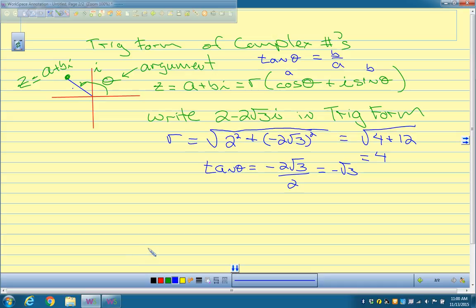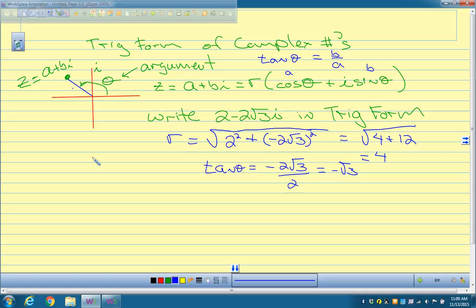Anyone remember where tangent is negative root 3?